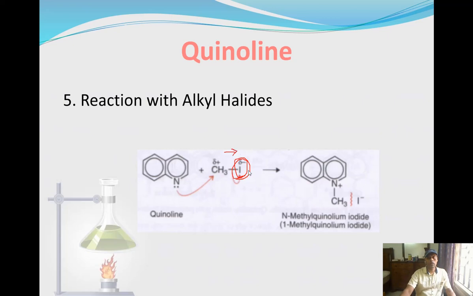That's why it is partially negatively charged. So the nitrogen, which has a lone pair of electrons, is going to attack the positively charged methyl, and you're going to get the N-methyl quinolinium iodide as the product, or the salt.